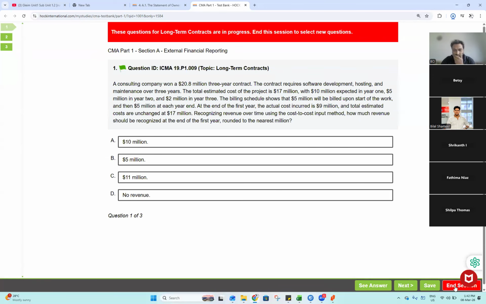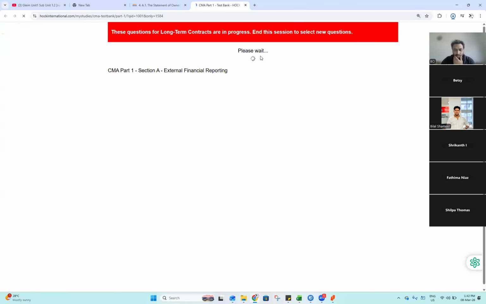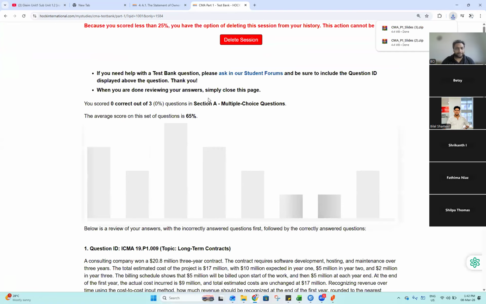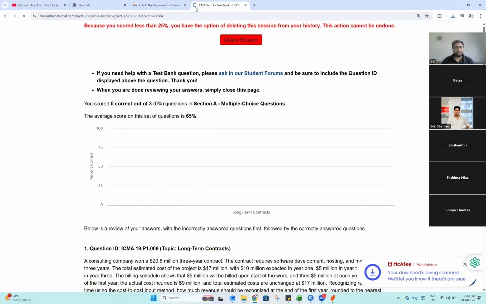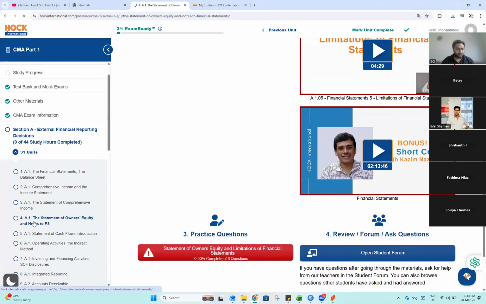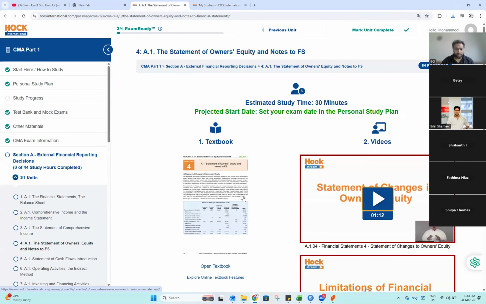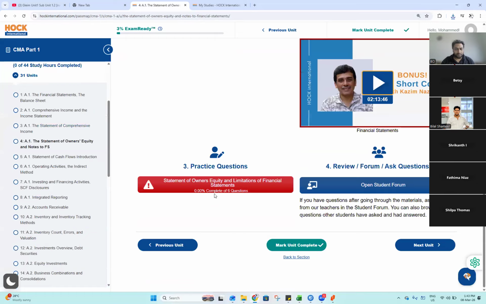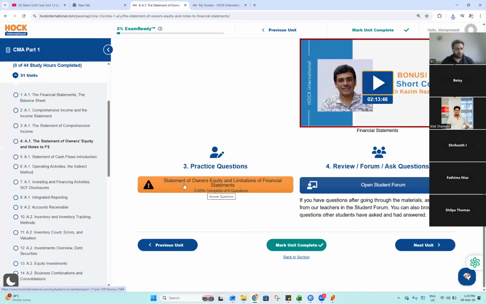No, this is not the one which we were looking at, right? Statement of comprehensive income. That one. No, the owner's equity is the one we were discussing, right? Next is the cash flow. The comprehensive income statement is the income statement. Oh yeah.